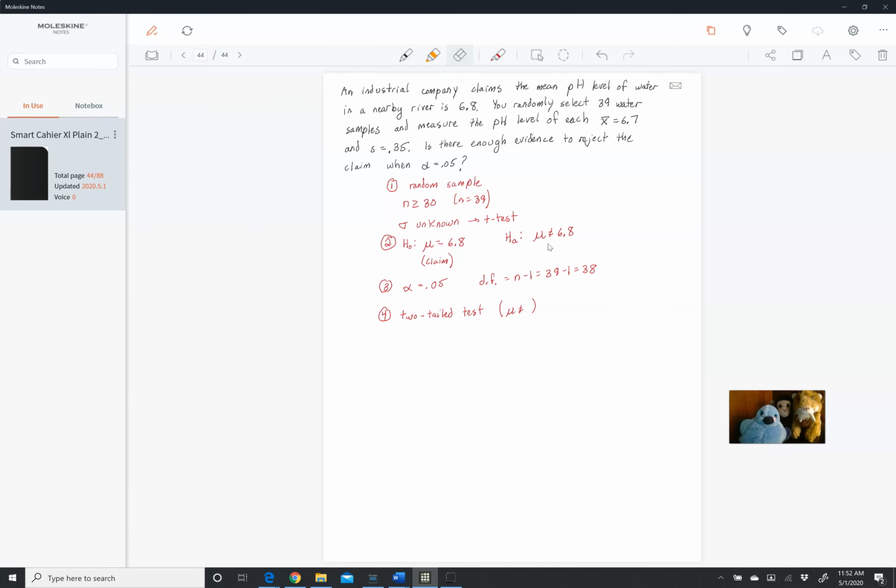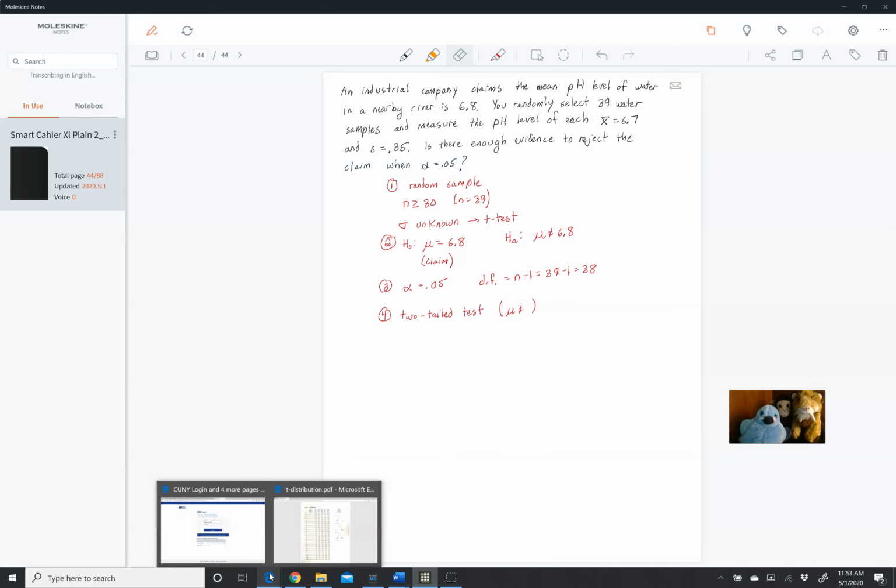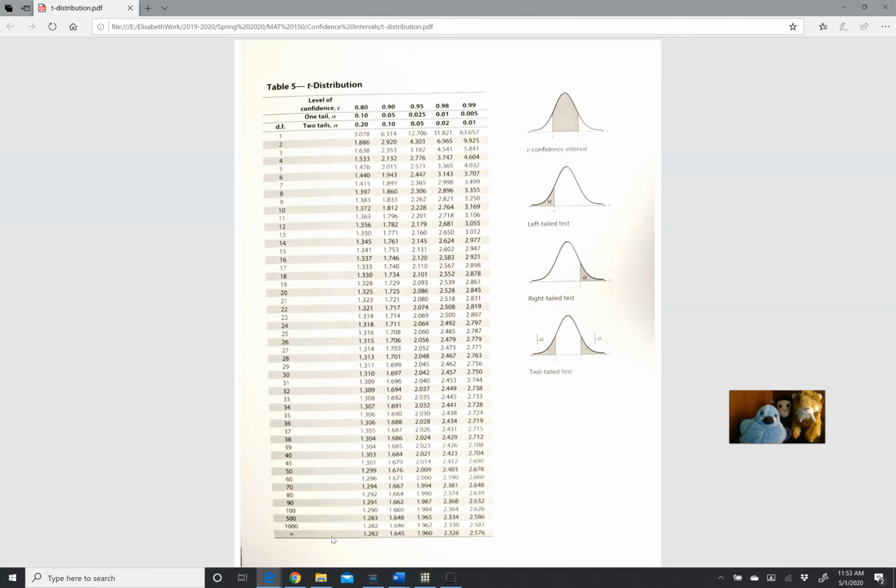Okay, and now we have to go to our t-chart, and we know that we're looking at the two-tailed test row, and we're looking at a level of confidence of 0.05. So two tails, 0.05, brings us to the third column.